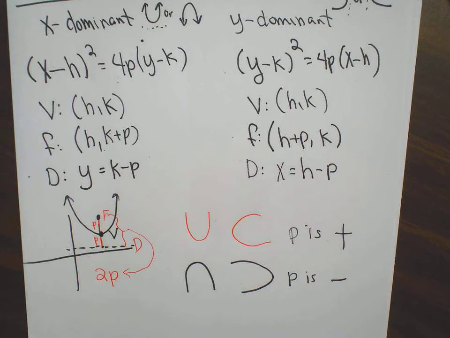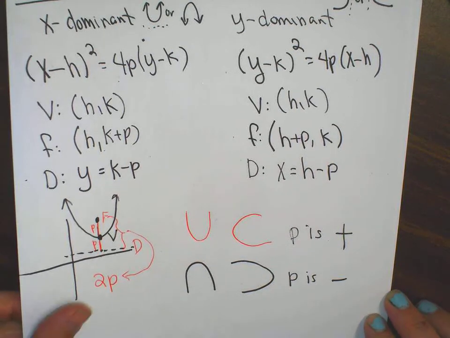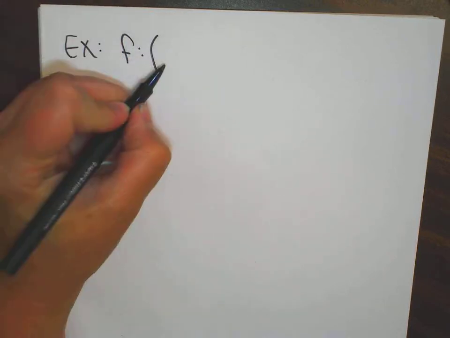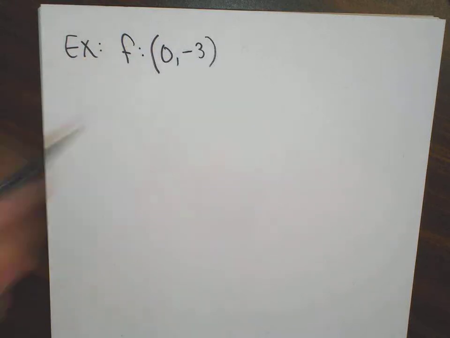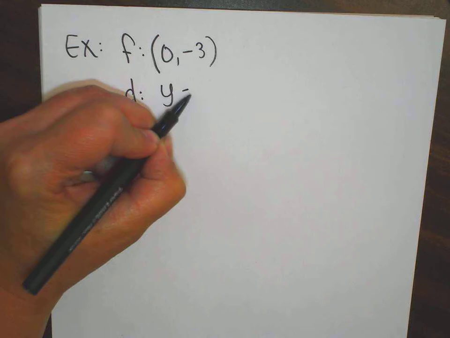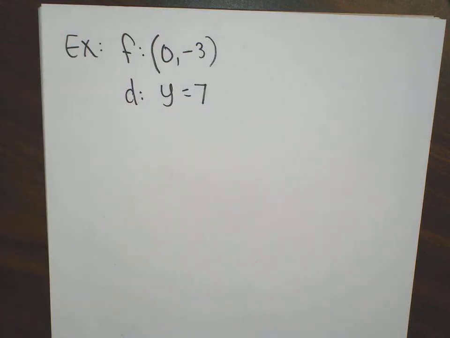Okay, so let's do some examples. On your examples page, let's find the equation of the parabola given the focus. Let's start with (0, -3) and a directrix of y equals 7. What's the first question you ask yourself?